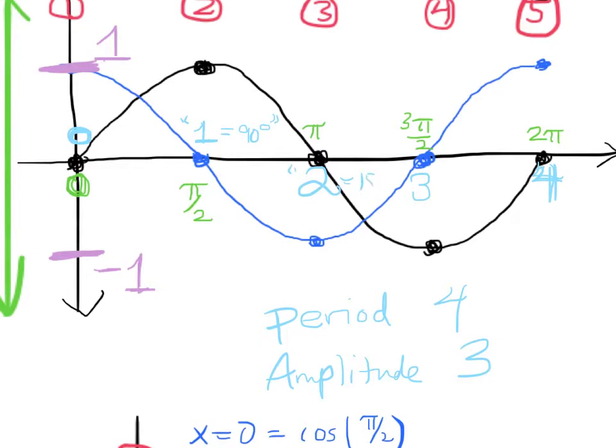So 2 would equal 180 degrees. It's like, we can use feet to measure length, we can use yards, we can use meters. We can use degrees to measure angles, we can use radians. We can make up our measure, right? So we're making up a measure that says 90 degrees is 1, and 180 degrees is 2, and so on.